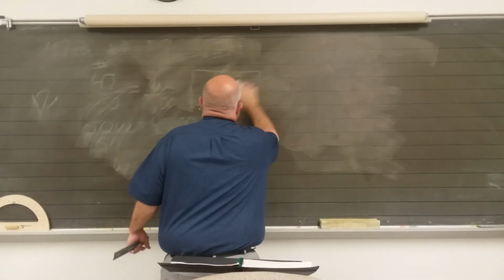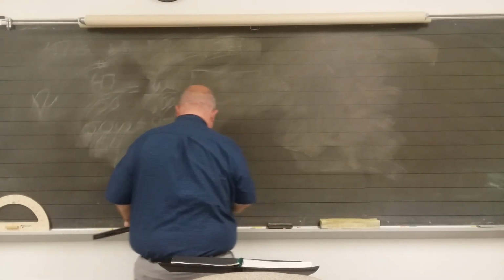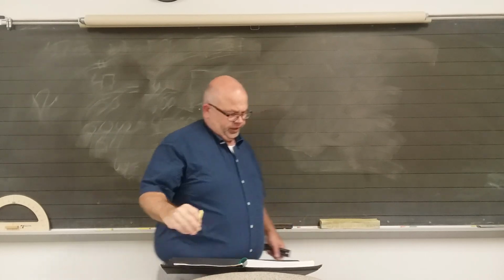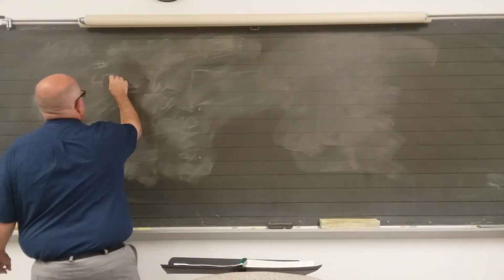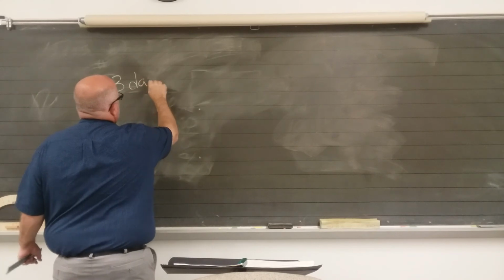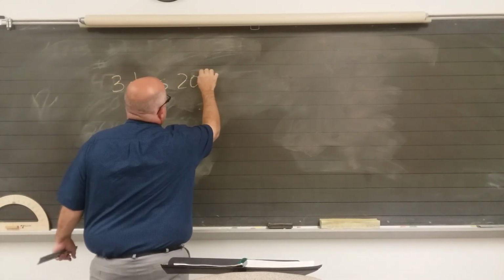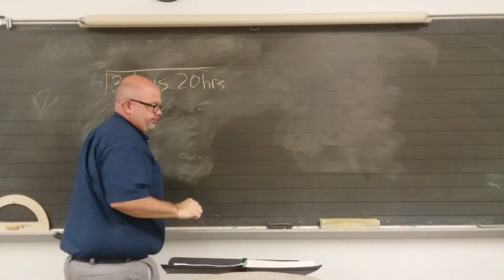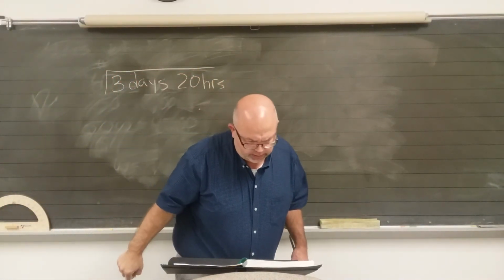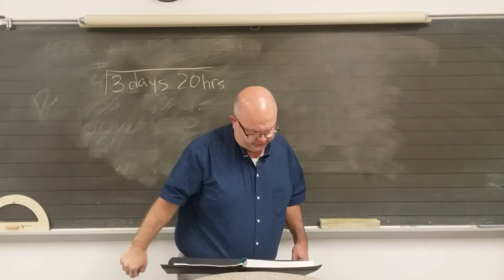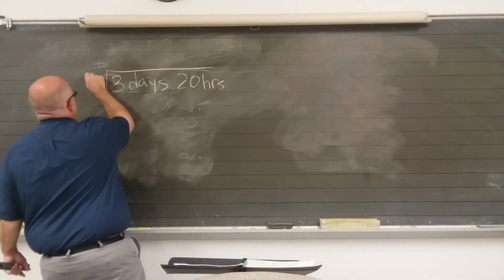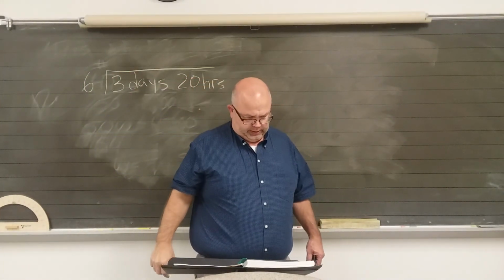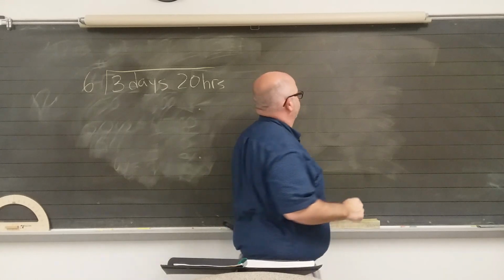Do a couple compound measures yet, and then I will let you go. 3 days, 20 hours, divided by 6. Work on this one. And I'll put a multiplication on the board too. 8 miles, 4,250 feet.